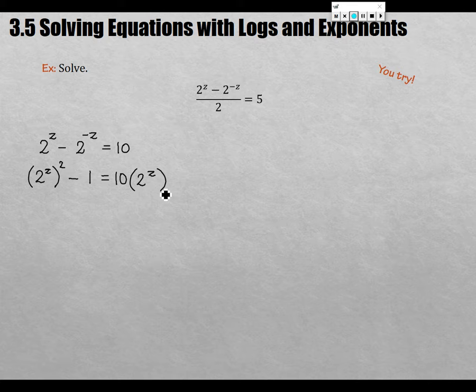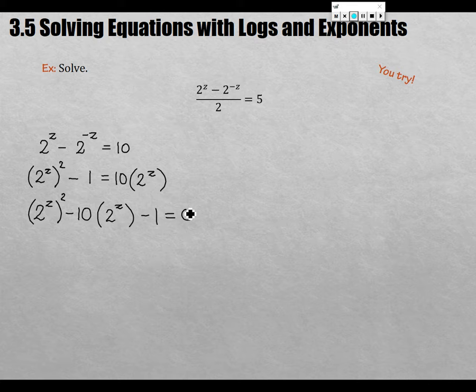Complete the square then. Oh, wait, 2 to the z is 1. Wait, those are z's?